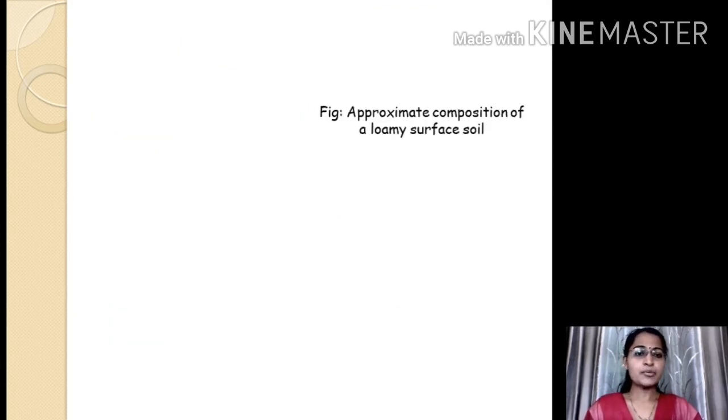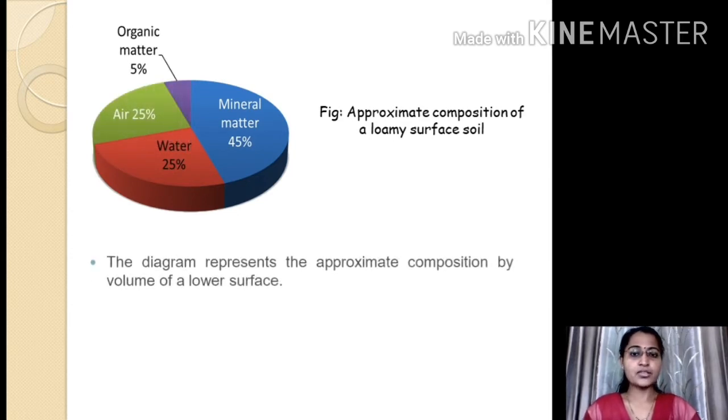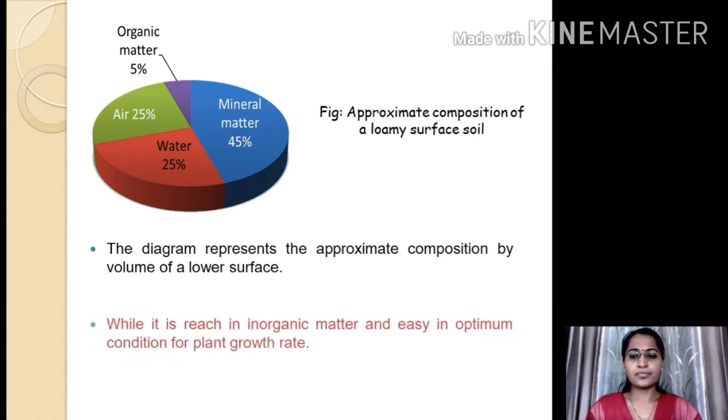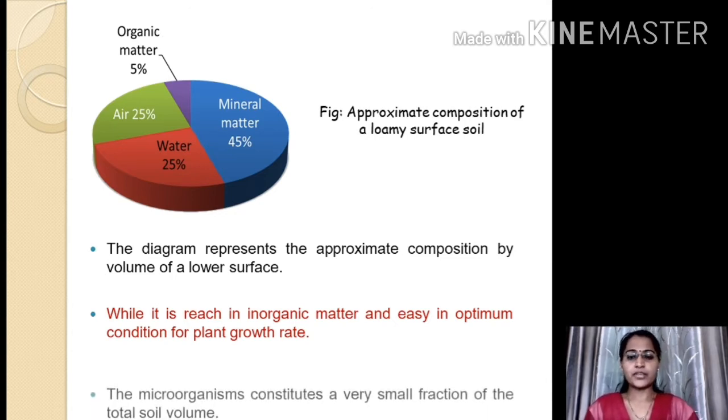See the approximate composition of a surface soil. It contains mineral matter 45%, 25% of water and 25% of air, while organic matter is 5%. This soil is rich in organic matter and is in optimum condition for plant growth.